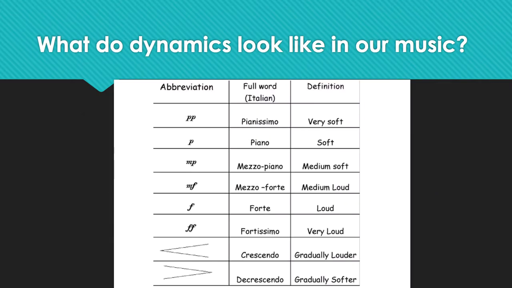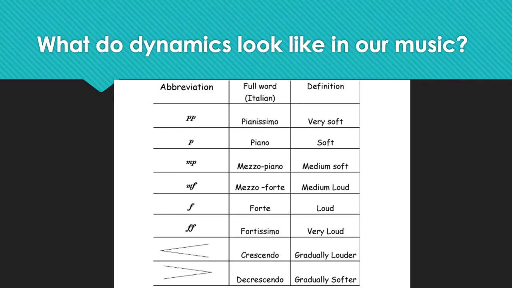And here is all of that laid out in a nice little chart. So they have the abbreviation and then that column. That's what the symbols look like that will actually be in your music. So we have the double P, which is pianissimo, which is very soft. We have a single P, which is piano, which is just soft.